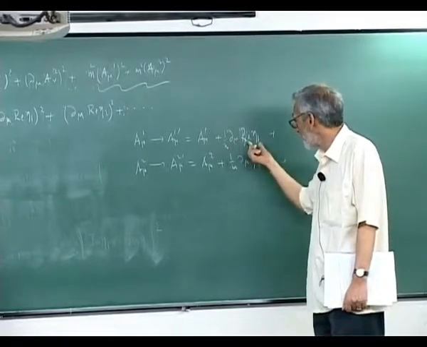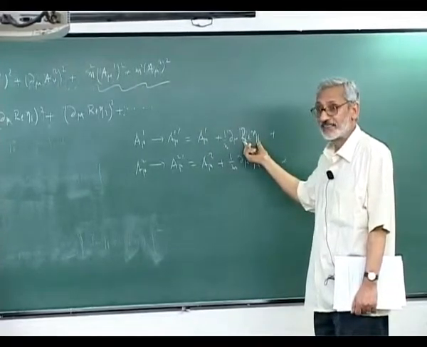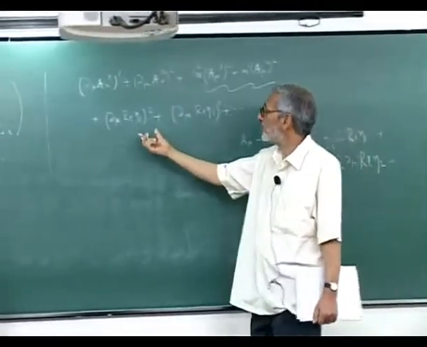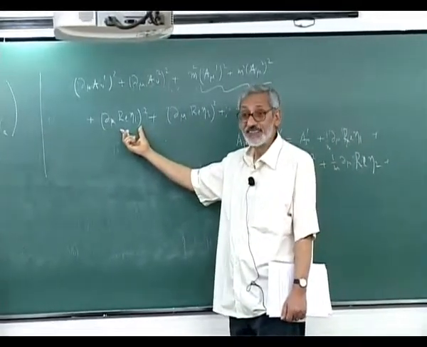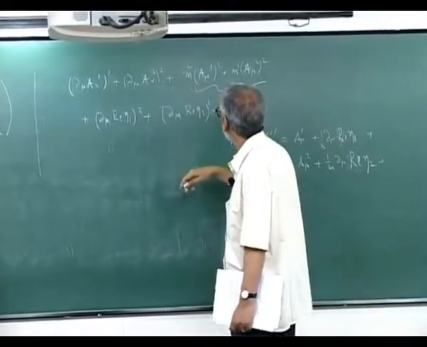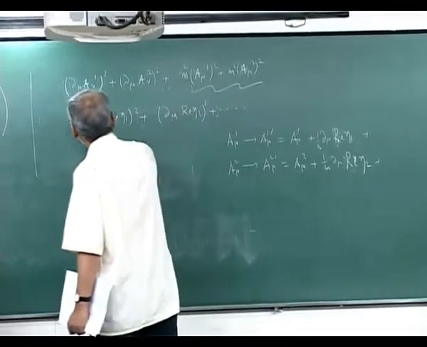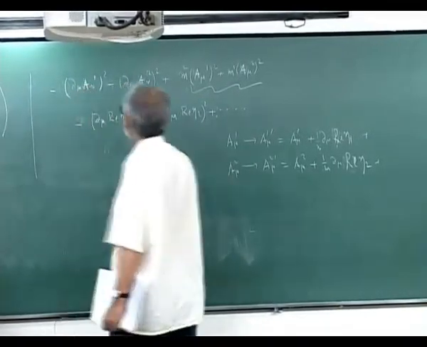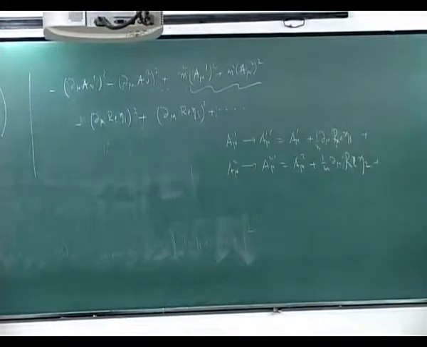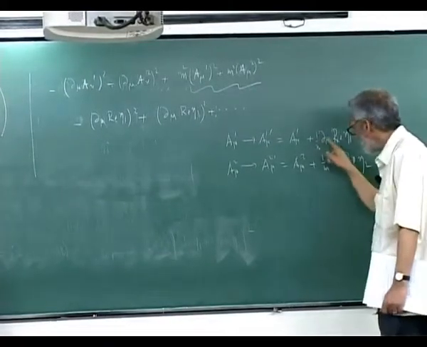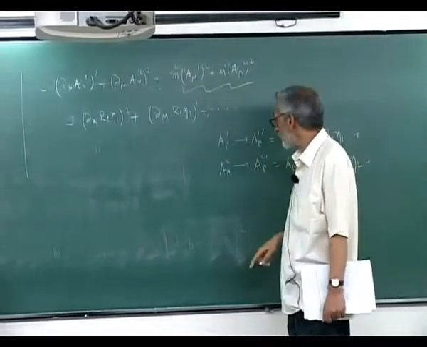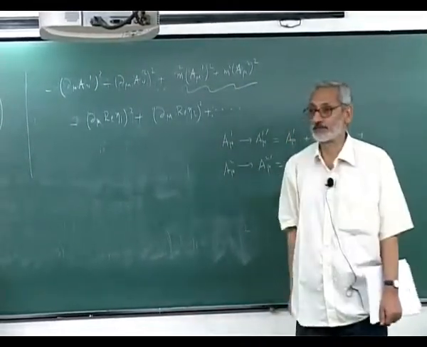That's going to give you a d mu of real eta square. That's exactly the same structure here. And if you look at the signs properly, I think the signs here are relatively opposite. So by an appropriate gauge transformation of this kind, from this term, I'll generate terms which will cancel precisely this.